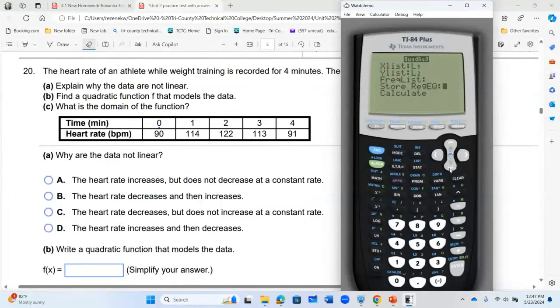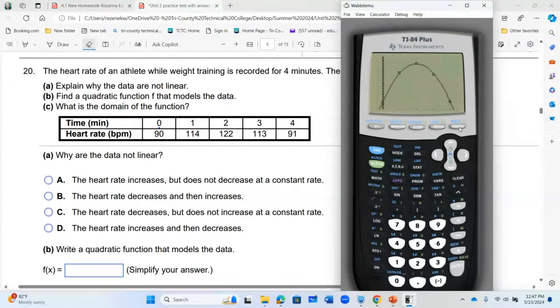So again, remember how to tell your calculator that you want your equation in Y1. So Vars, Y-Vars, Function, Y1, and calculate. Okay, I'm going to calculate. And then if I actually go back to Graph now, that equation I put in Y1 will draw.